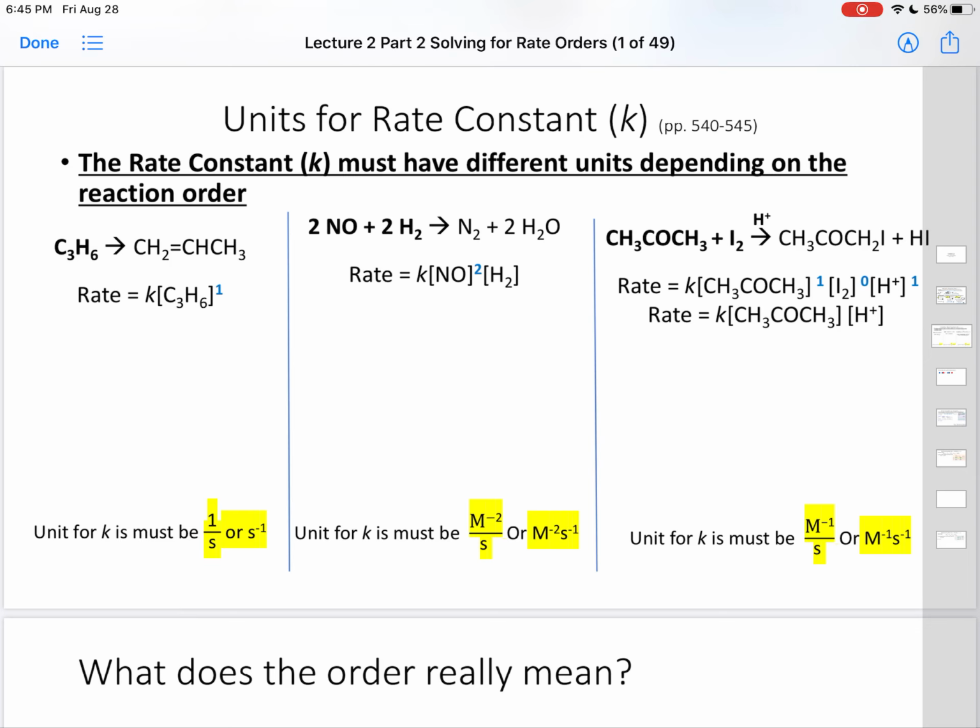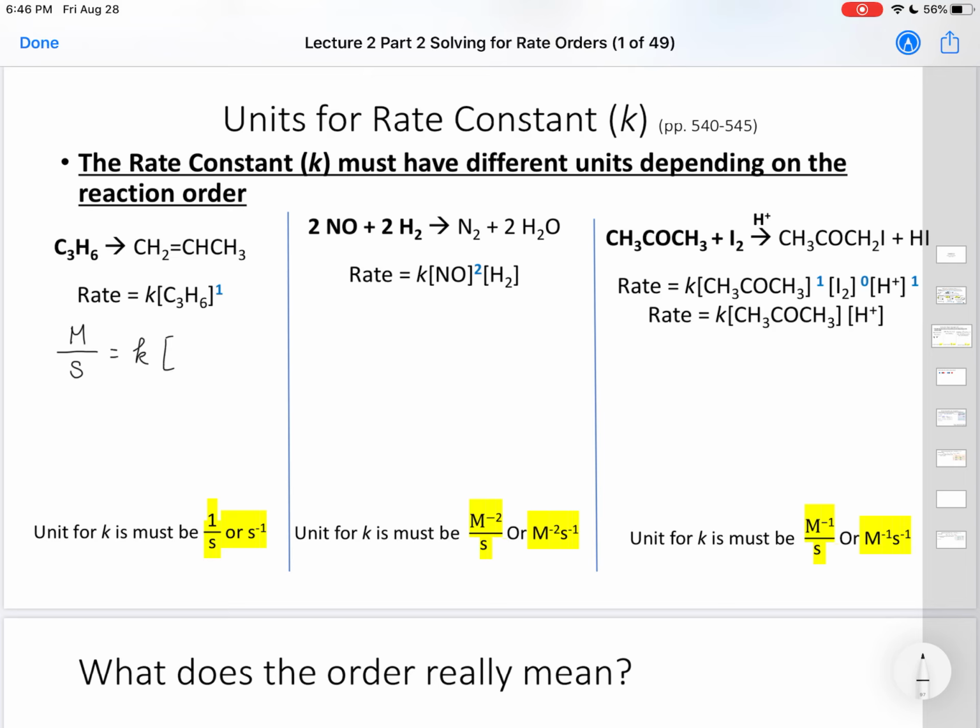With these rate orders in hand, you can calculate the unit for K based on the generalized rate law. Remember that rate is equal to the change in concentration over the change in time, from lecture 2, part 1 of the last video. So rate is the change in concentration, that's molarity, over the change in time, that's seconds.